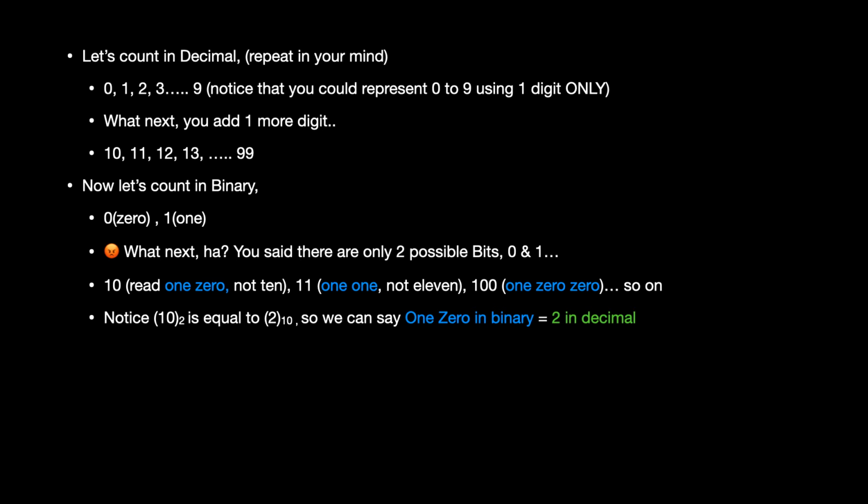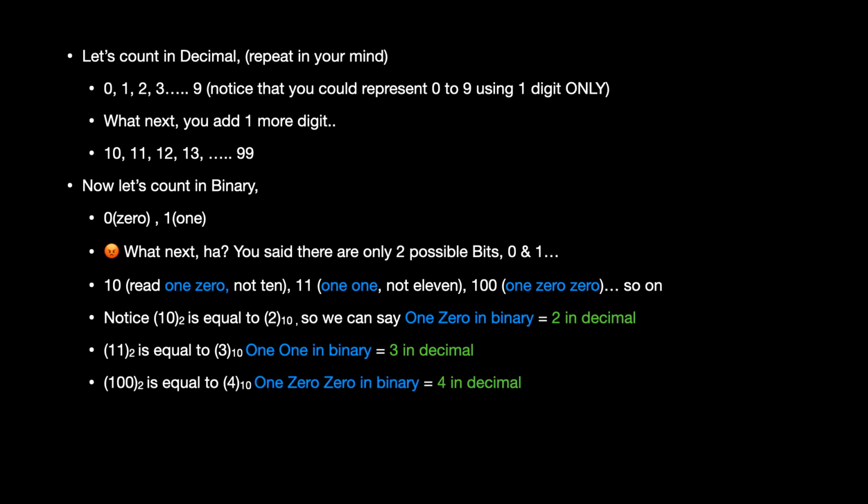Notice 10 to the base 2 is equal to 2 to the base 10. So we can say 10 in binary is equal to 2 in decimal. 11 to the base 2 is equal to 3 to the base 10. That is, 11 in binary is equal to 3 in decimal. 100 to the base 2 is equal to 4 to the base 10.